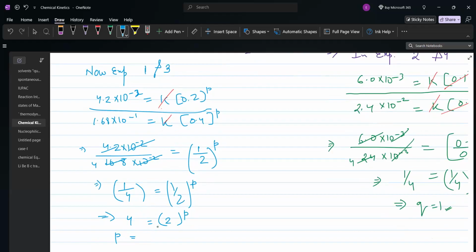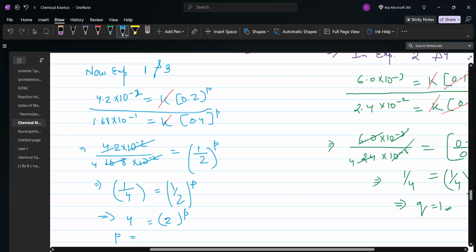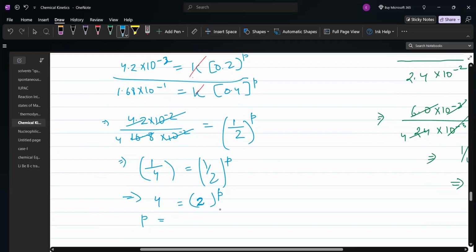Rishita, what should be the value of p? 2 to the power of what will give you 4? 2.